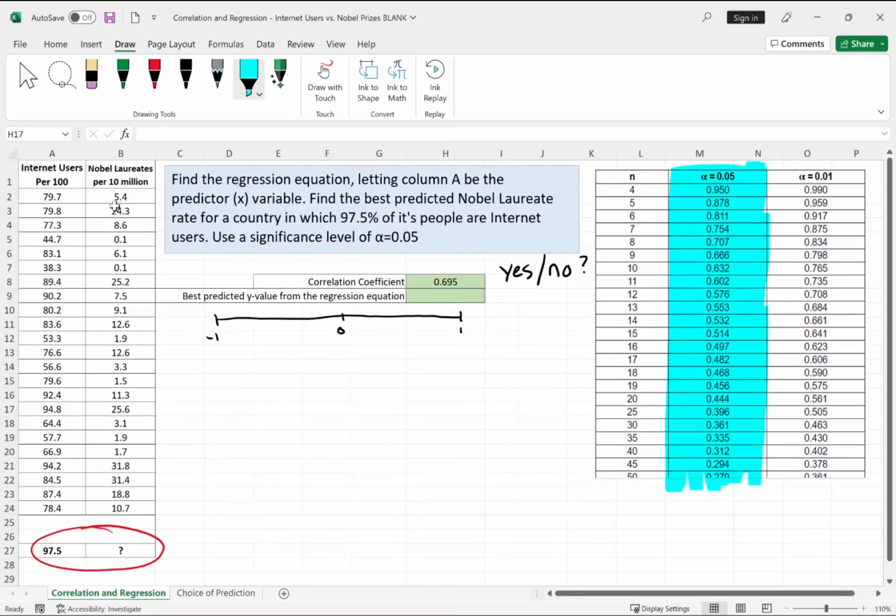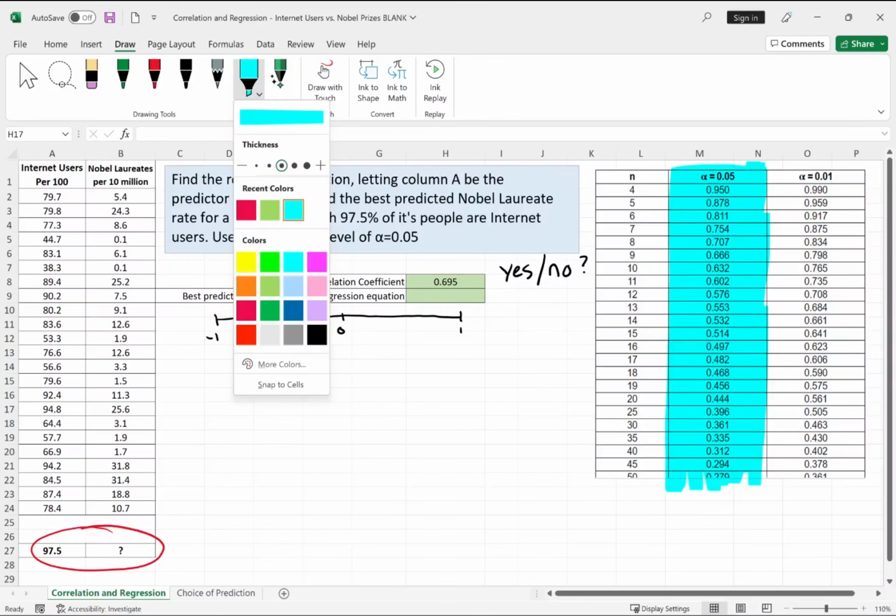23 pairs. So it goes up to row 24, but row 1 has no numbers there. So 23. On this table of critical values, there is no 23, so we'll round up to 25. And I'll use yellow for that. Yellow and blue make green.